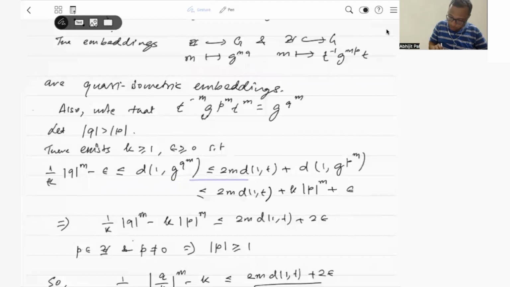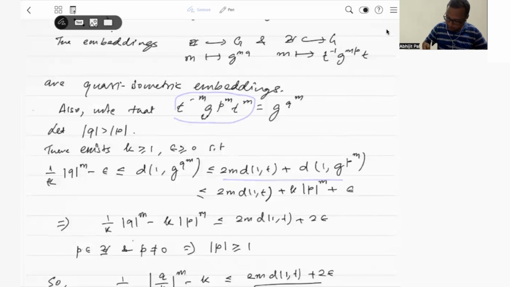And what about this inequality? g q^m is equal to t^(-m) g p^m t^m. Therefore, the distance between 1 and g q^m will be less than or equal to the length of this word, which is equal to this thing.